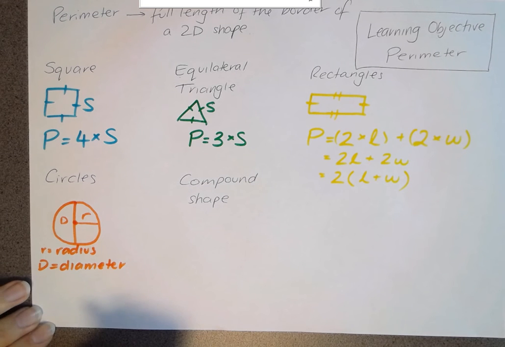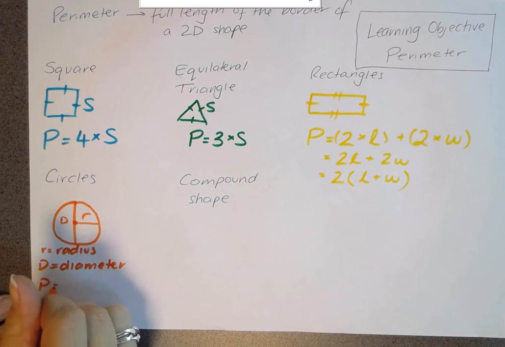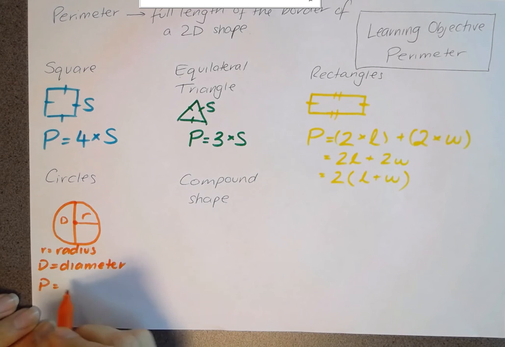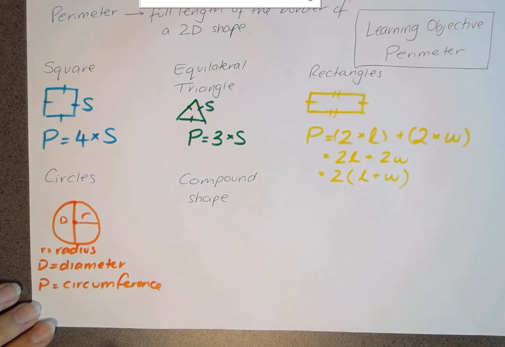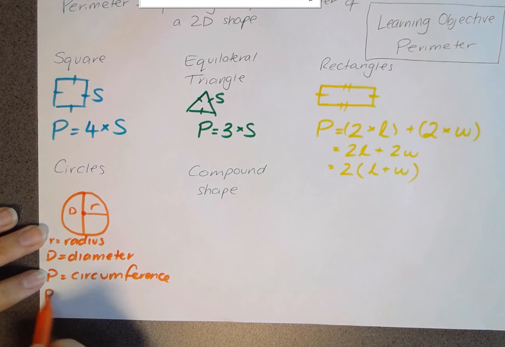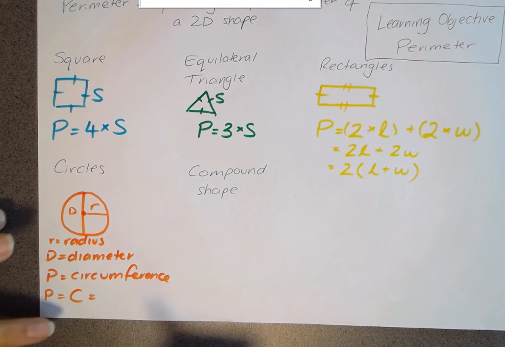Now, our perimeter actually has a different name in our circle, and we call it the circumference. And so when we talk about perimeter, we're going to say C, because that's standing for circumference.